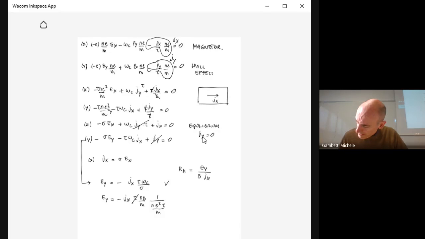At this point, we may simplify the relaxation time, the electronic mass, and one electronic charge, and what we have is that this is equal to minus Jx times B divided by n e, the electronic density times the electronic charge.